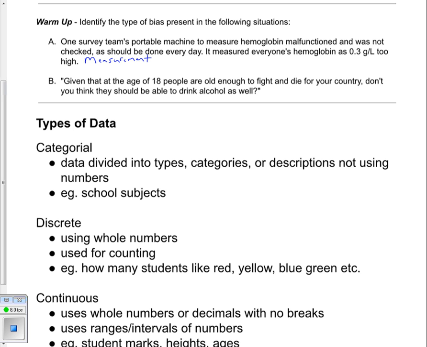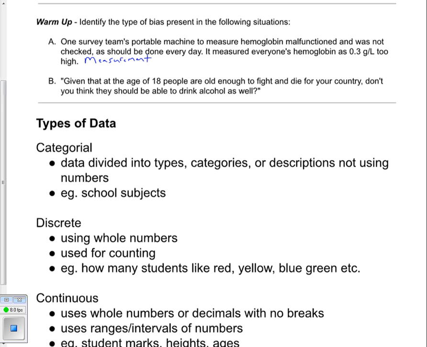We know that the population is people who are 18, just based on the question. But this question is giving you information beyond what the question actually is. The real question is, do you think that people should be able to drink alcohol at 18? That's the real issue.